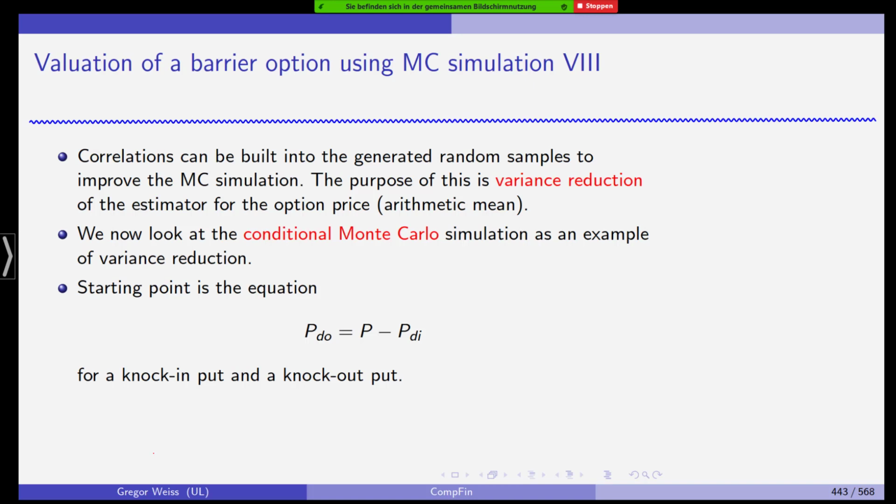So this is why in the next step we are looking at conditional Monte Carlo simulation as an example of variance reduction. Okay, so the starting point is the equation: PDO, the price of a down and out put, equals the price of a regular put minus the price of a down and in, a knock-in product, a down and in put.